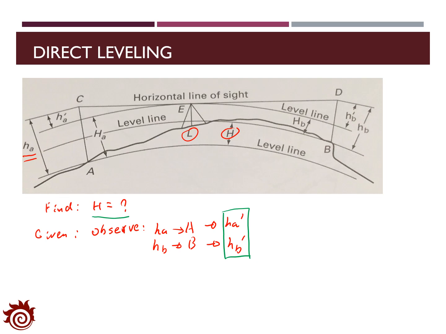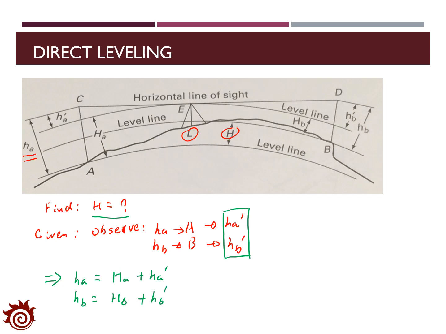First of all, we will draw the level line from the leveling transit, and the difference between that level line to point A and point B will be the true elevation difference from these 2 points to the leveling transit. So we can see that for HA, we will have capital HA plus the error HA prime, and for HB, capital HB plus HB prime.